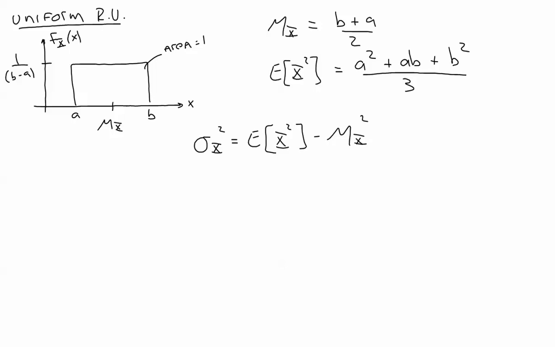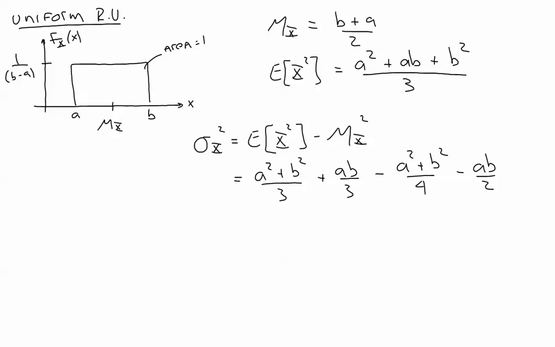And I'm going to use this handy relationship. The variance of x equals the second moment minus the square of the first moment. This is going to be a squared plus b squared over 3 plus ab over 3 minus a squared plus b squared over 4 minus ab over 2.